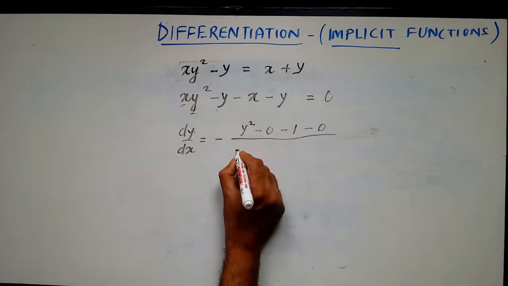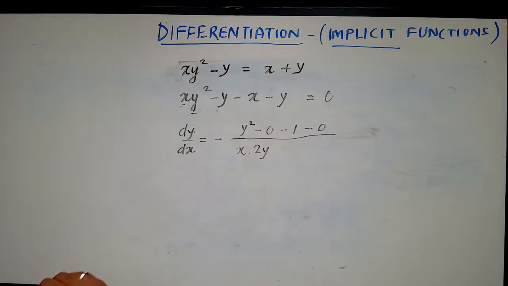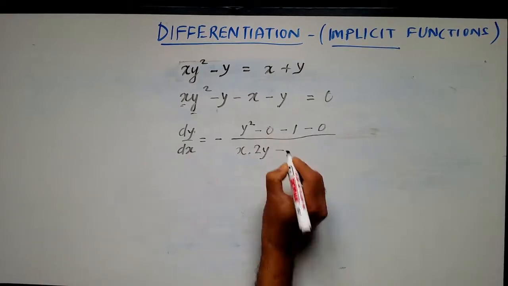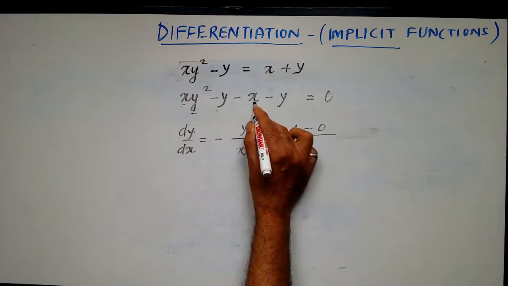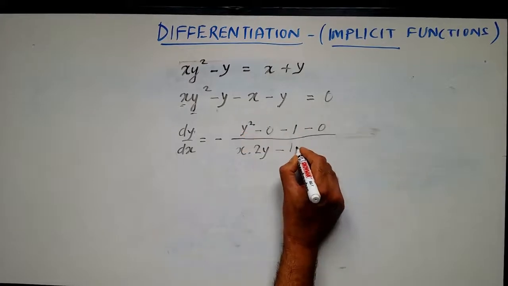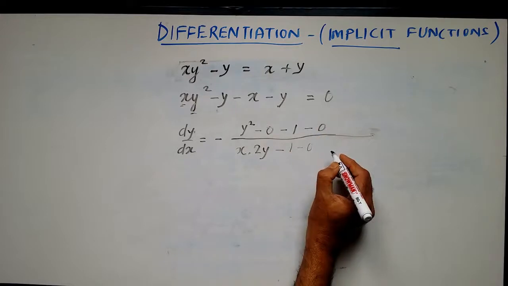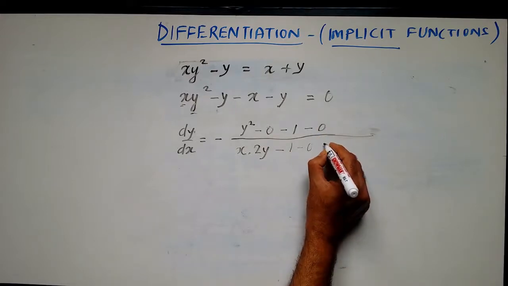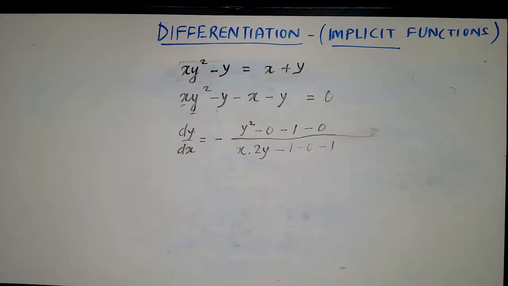Since x is a constant here, it is x, and the derivative of y squared is 2y, right? And here it is y, so it is 1. Since x is a constant, this becomes 0, and the derivative of y is again 1.